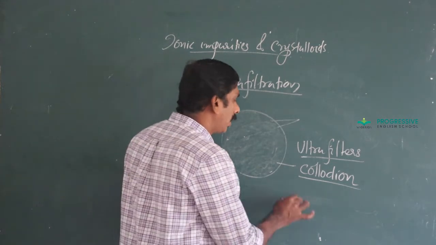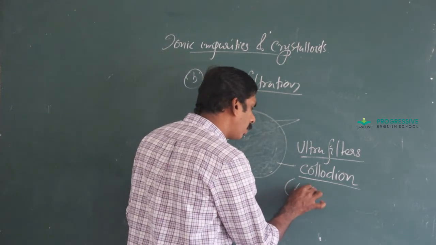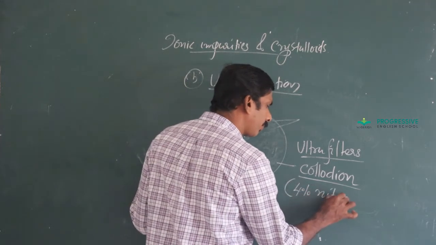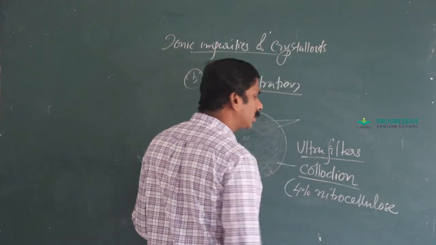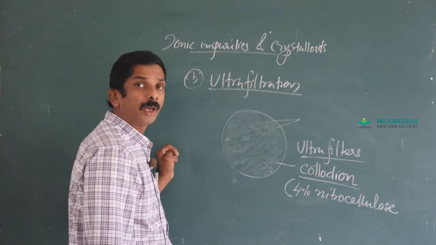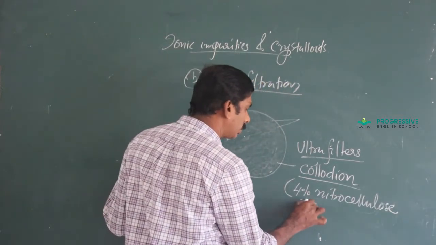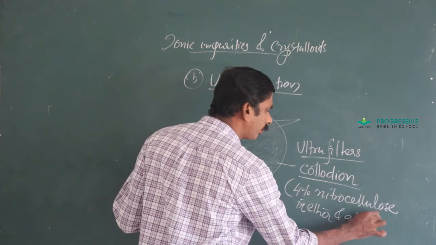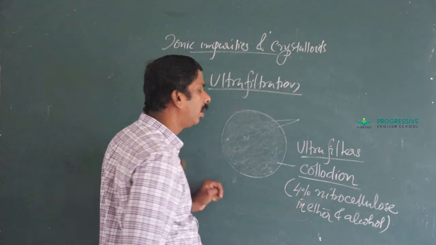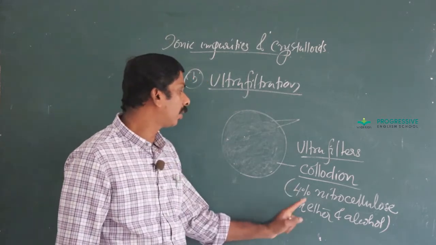Collodion is a mixture of 4% nitrocellulose in ether and alcohol. That mixture is called collodion.